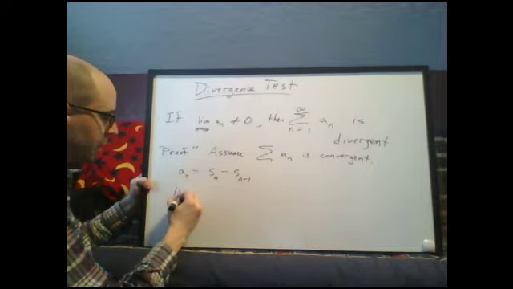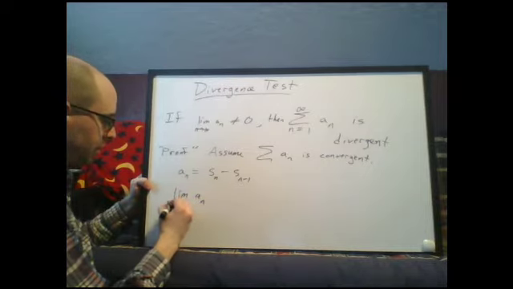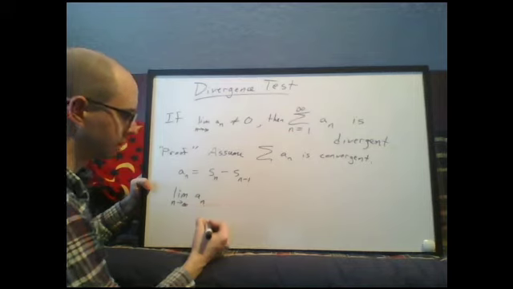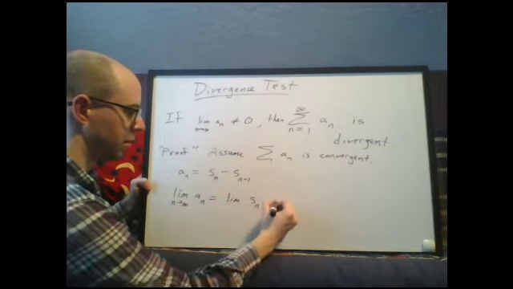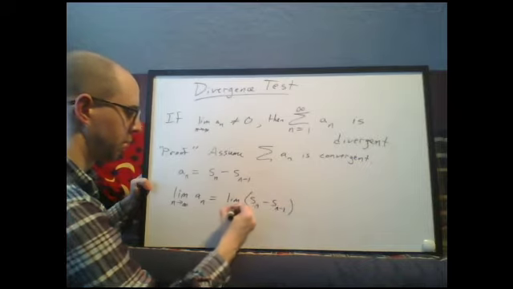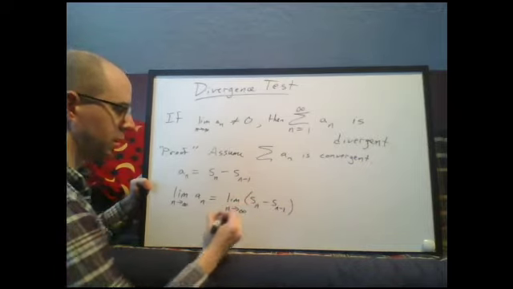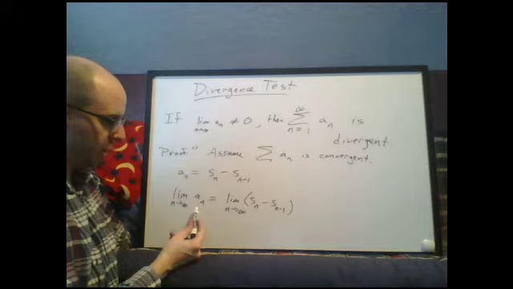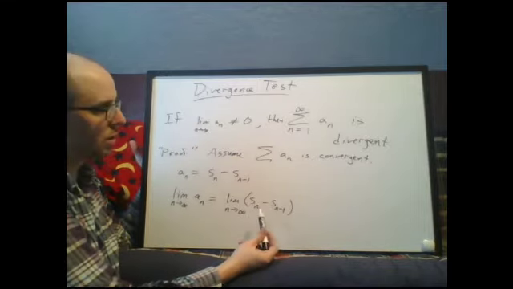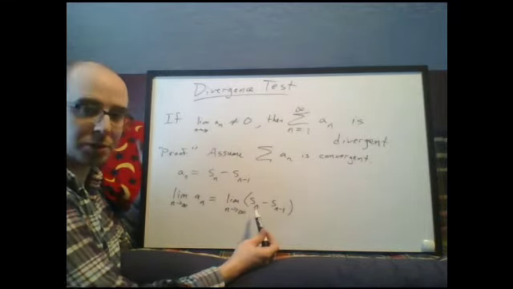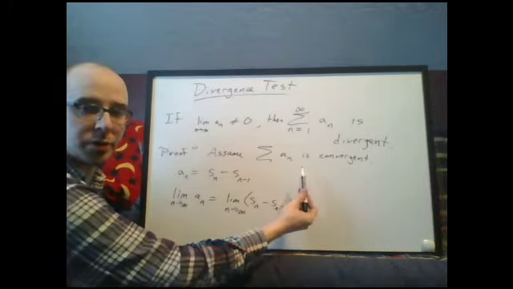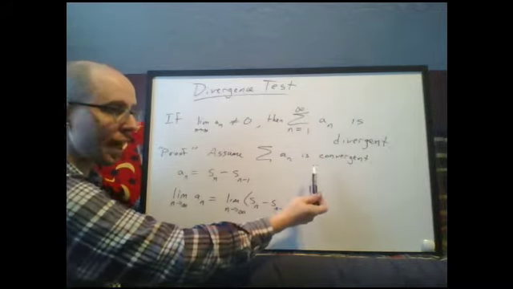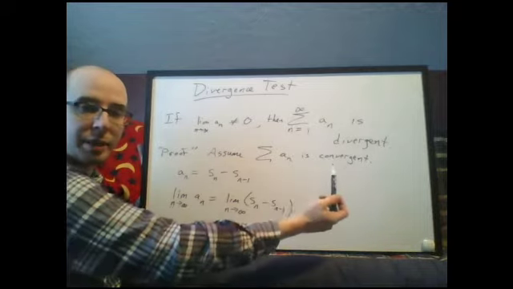So a_n is the difference between two partial sums. If I look at the limit of this, the limit of a_n is going to be the limit of this difference. Well, the partial sums have to converge to something because my series is convergent. If the series is convergent, that means my partial sums have to have a limit.